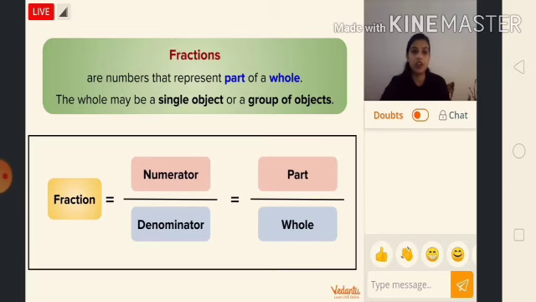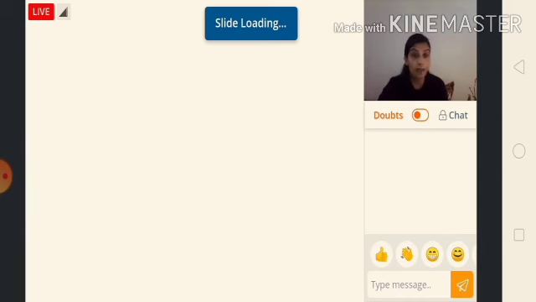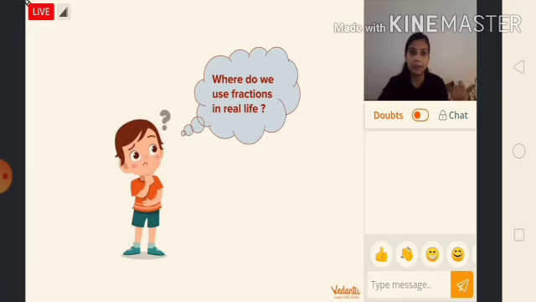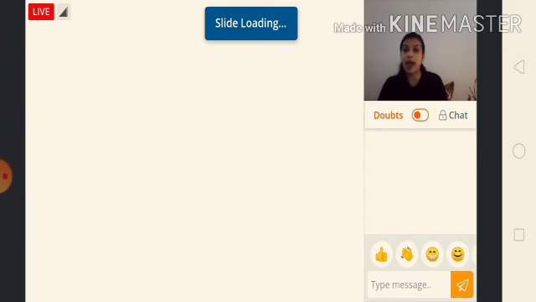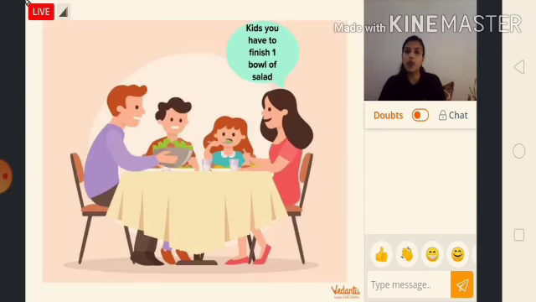Let me give you a few real life examples of fractions. We have already seen the example of a piece of cake. If you consider a few pieces of the cake out of the total, that is a real life example of fractions. Another example: suppose we are having dinner with our family, our sibling, mom and dad, and mom asks us to finish a complete bowl of salad.